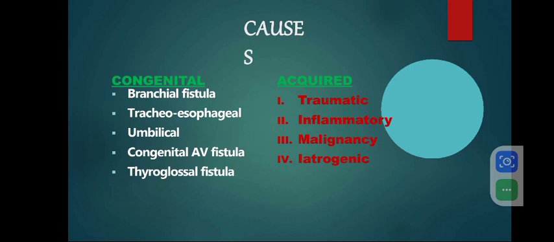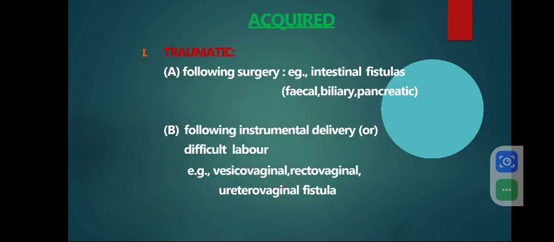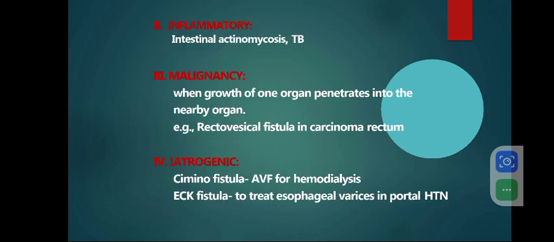Congenital or acquired. Congenital: branchial fistula, tracheoesophageal, umbilical, congenital AV fistula, and thyroglossal fistula. Acquired: traumatic, inflammatory, malignancy, and iatrogenic. Acquired traumatic: following surgery, for example intestinal fistulas, fecal, biliary, pancreatic, following instrumental delivery or difficult labor, for example vesicovaginal, rectovaginal, and ureterovaginal fistula.